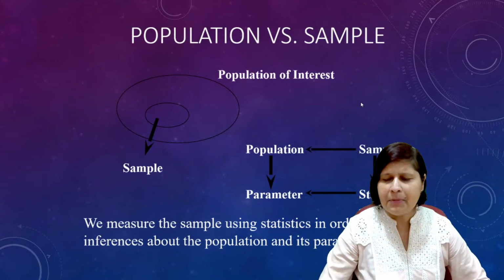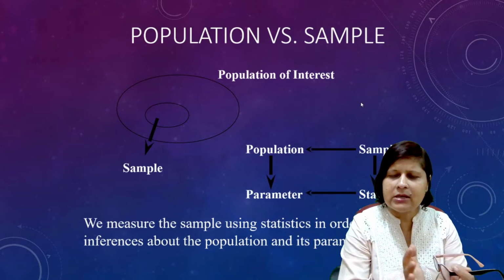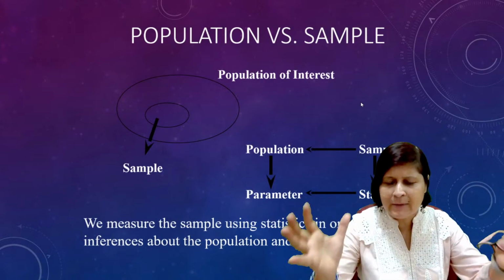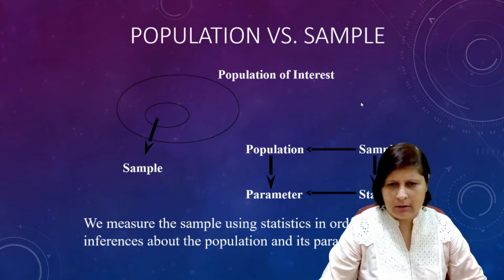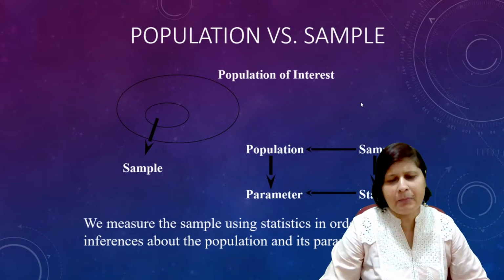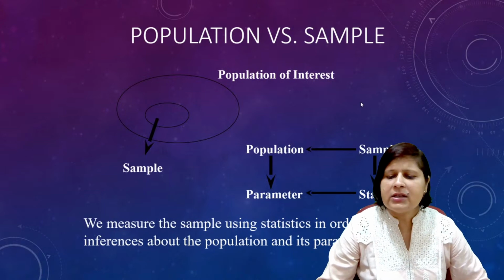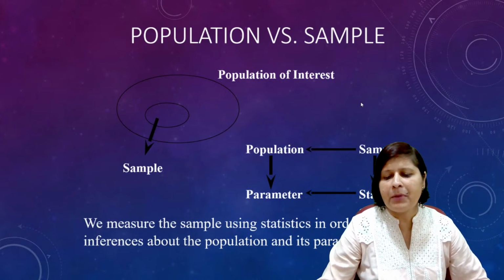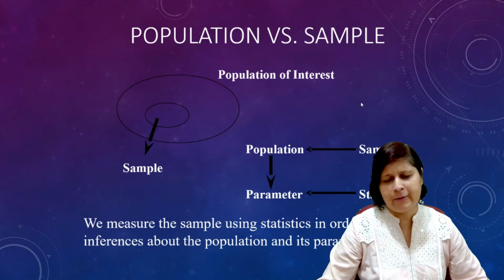Population versus sample. Population of interest is a bigger area. It covers a bigger population or area, and sample is a subset of the population. Right? We measure the sample using statistics in order to draw the inference about the population and its parameter.